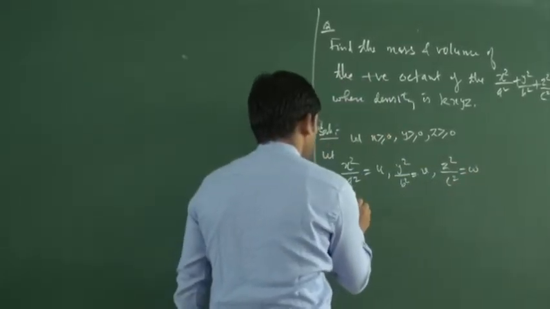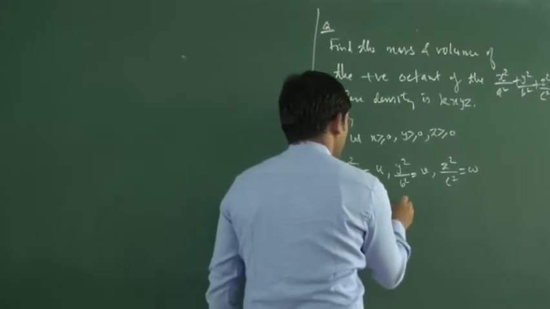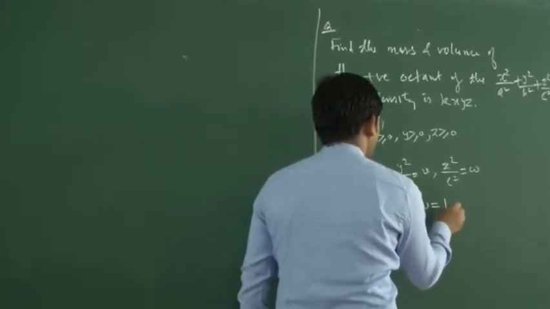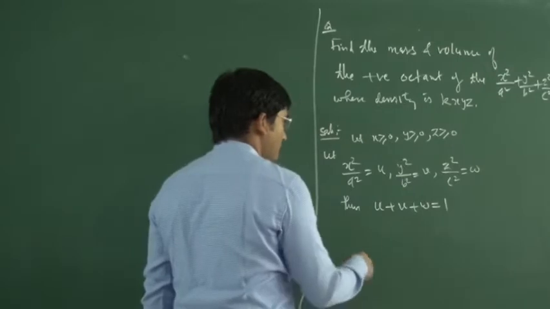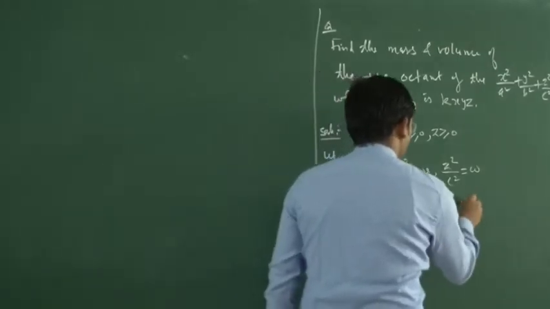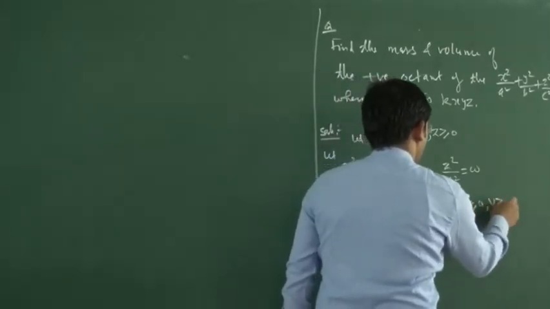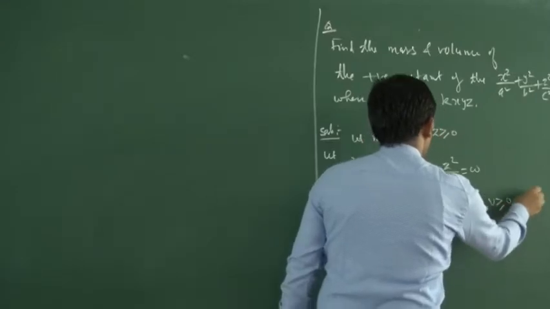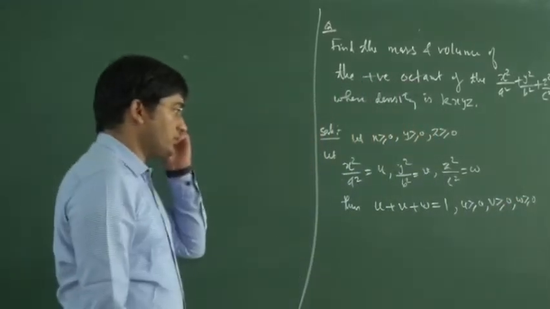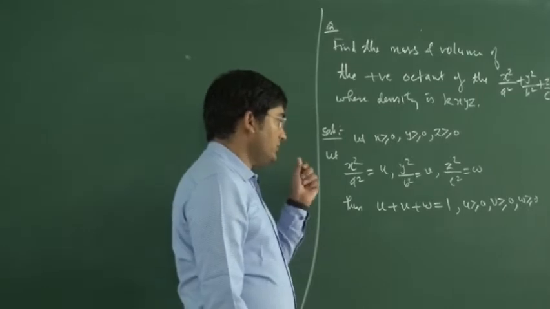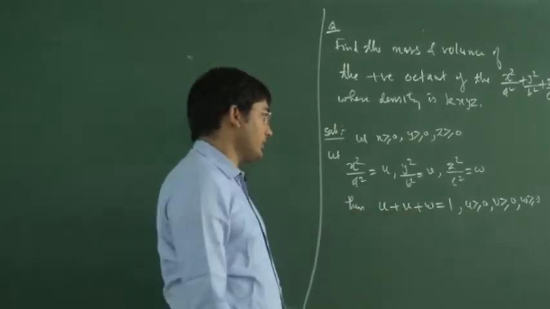Then your condition will be u plus v plus w equal to 1. Now as x is positive, u, v and w are positive, and u plus v plus w equal to 1.